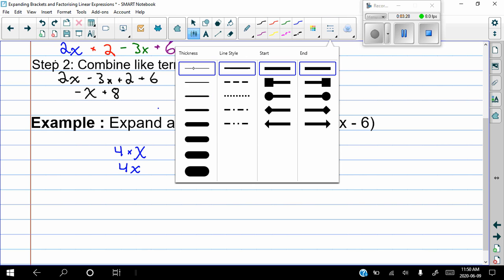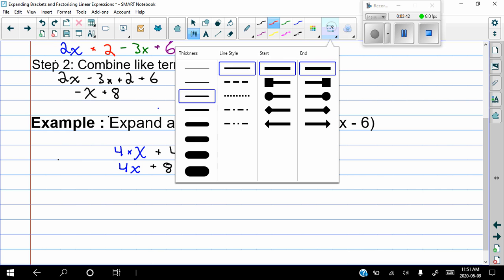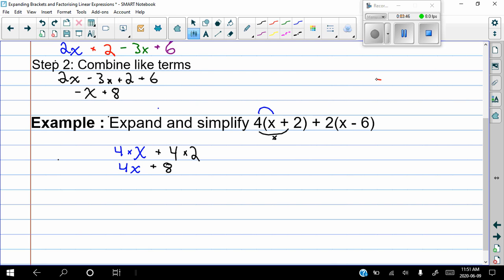Next one we're going to work with, well, we have this 4 times 2. So add, and then it's positive 4 times positive 2. And we know that 4 times 2 is simply 8, so let's just do that right away. Next, we have this 2 times x. So we're going to add positive 2 times positive x.